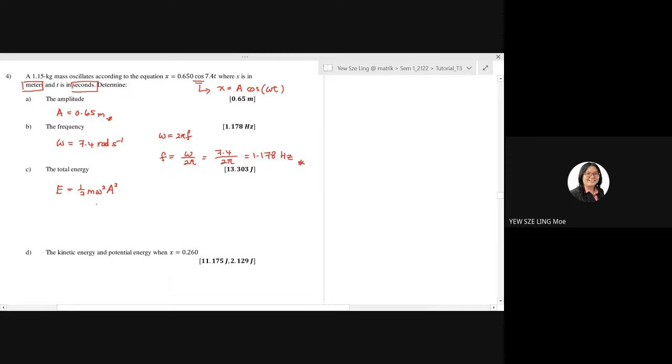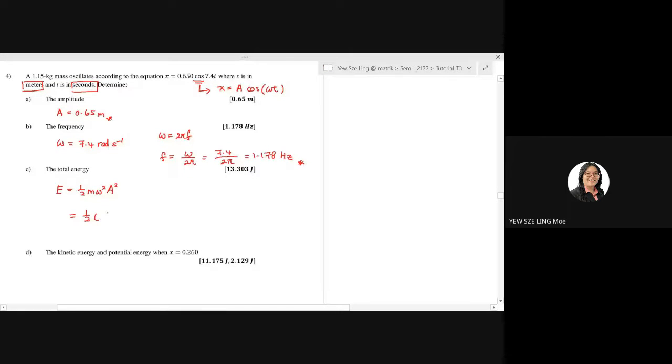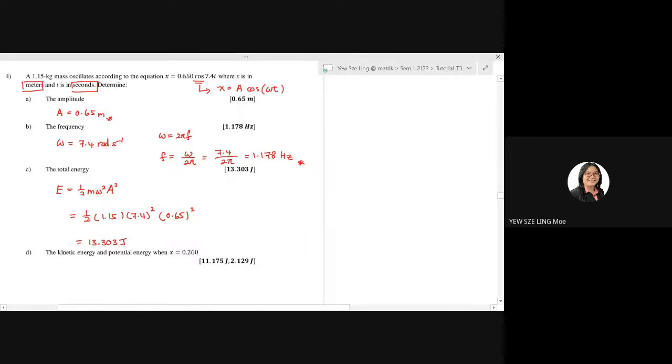So E equals 1/2 m omega squared A squared, which is then equals 1/2, given m is 1.15 kg, omega is 7.4, squared, and A is 0.65, 0.65 squared. So it equals 13.303 joule.